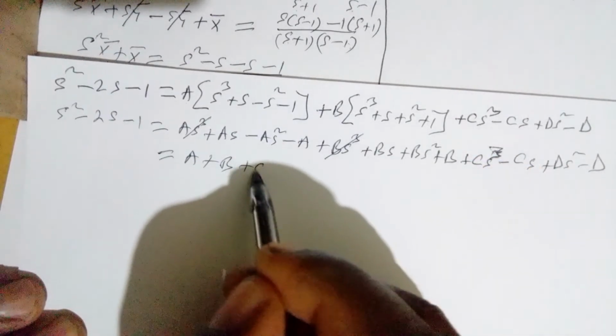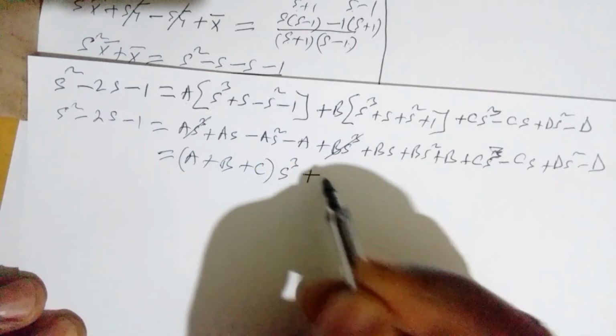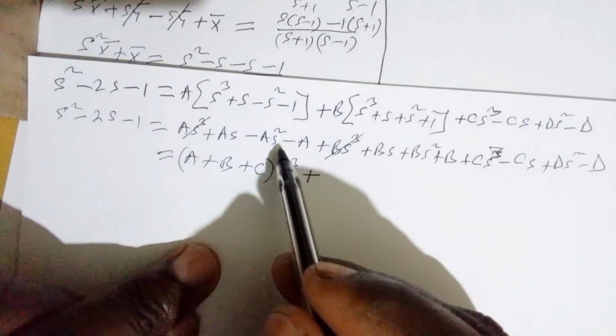So we have plus C, then s cubed, then plus, we now go for s squared.